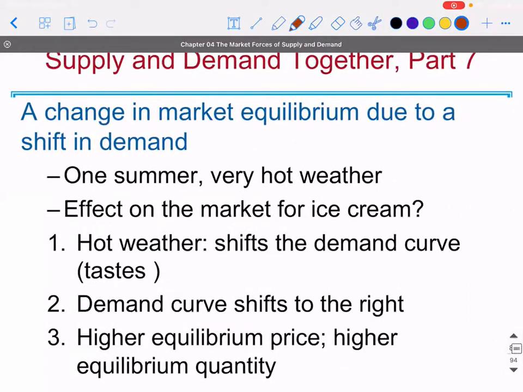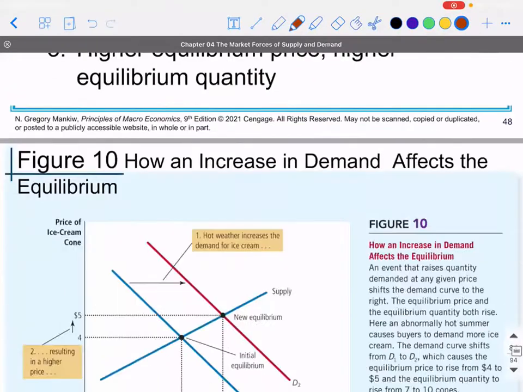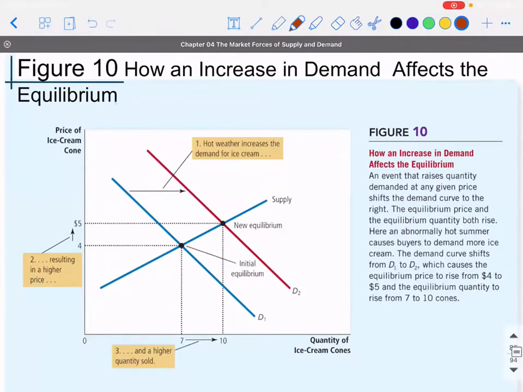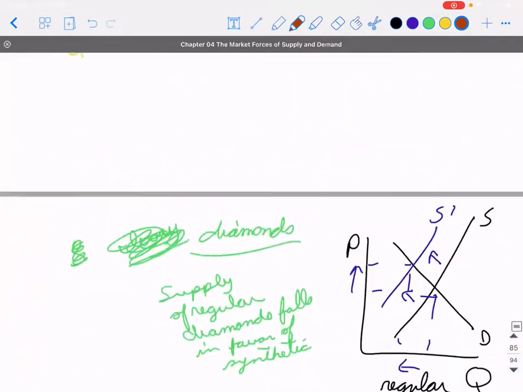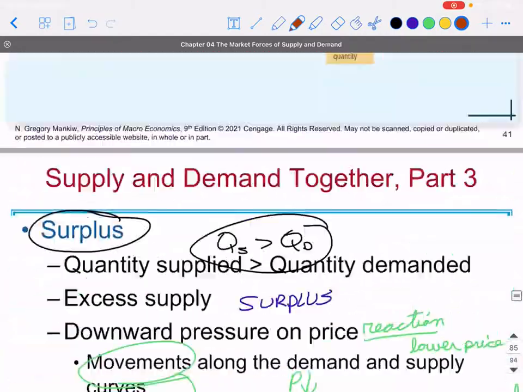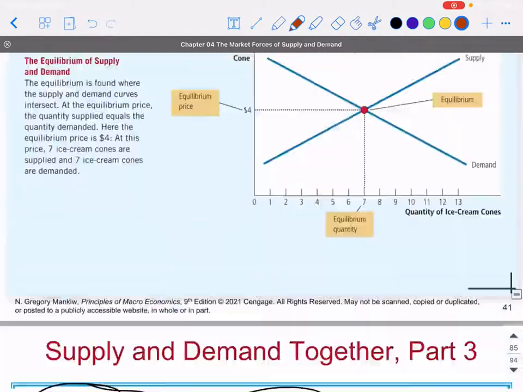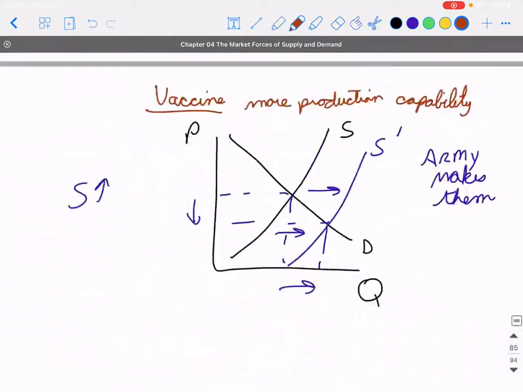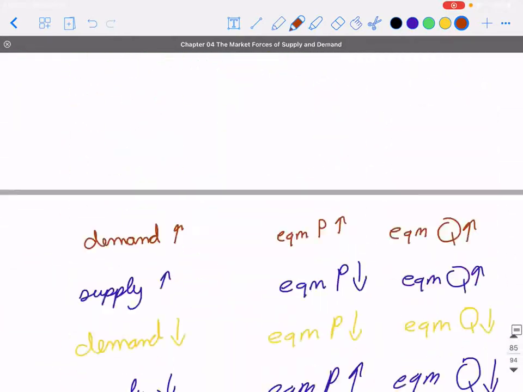And so then here, right, we can say very hot weather. People are going to want a whole bunch of ice cream, right? And that's what this is going to look like. Simple stuff, right? Again, if demand goes up, price goes up, quantity goes up. We know that from right here.